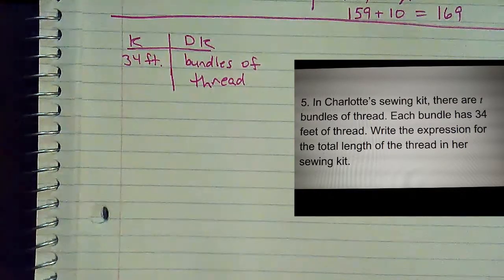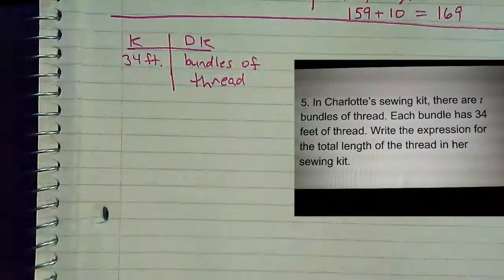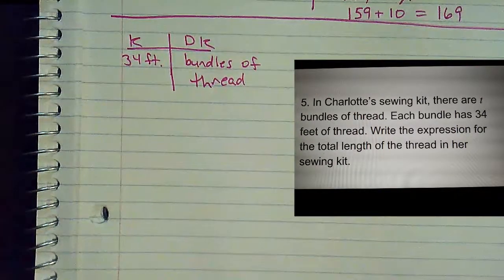So if each one is 34 feet, say she had 2 bundles of thread. The first one's 34 feet, the second one is 34 feet. 34 plus 34 is 68. If we had 3 bundles, 34 plus 34 plus 34 is 102. Or multiplication.